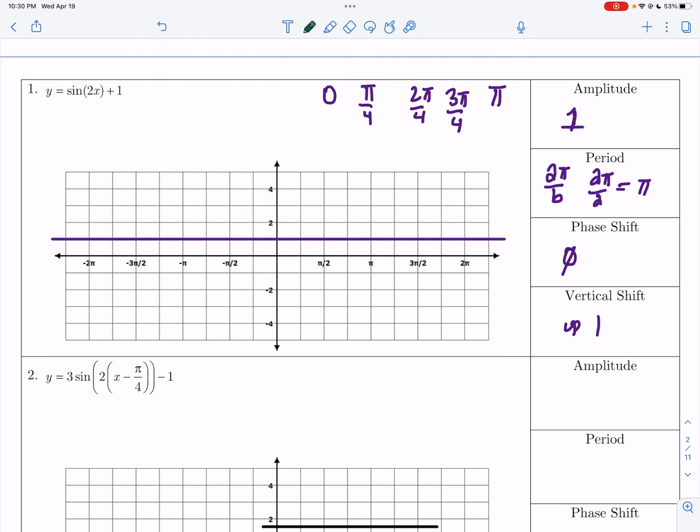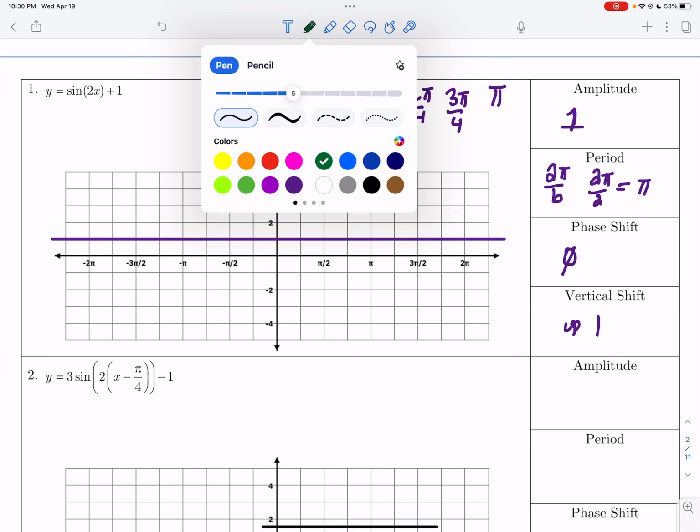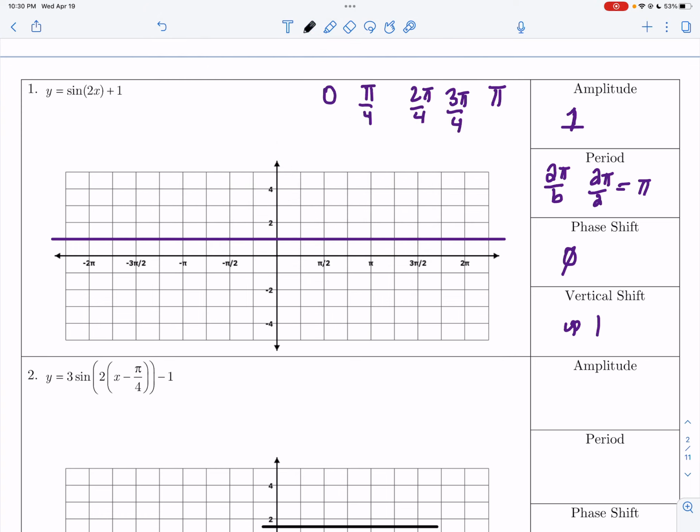So I should have 4 sections. I'm going to start at 0, and since this is a sine function, this tells me that I'm going to start at my midline at 0. Then I'm going to go up, then down, and then down again, and then up. So this is going to represent my function right here.